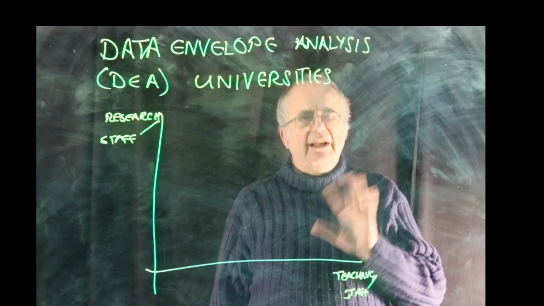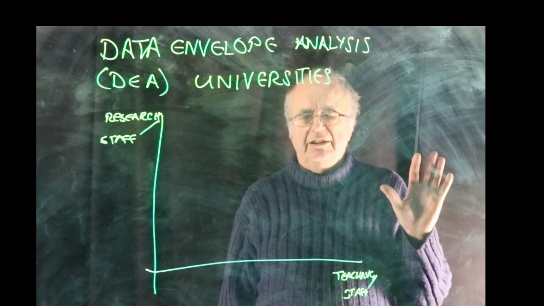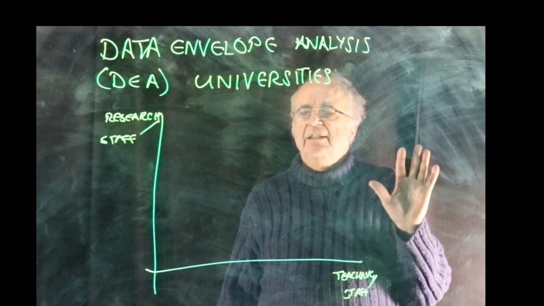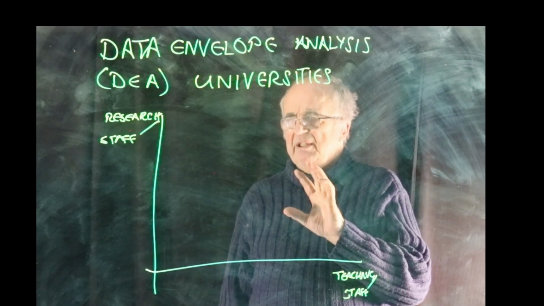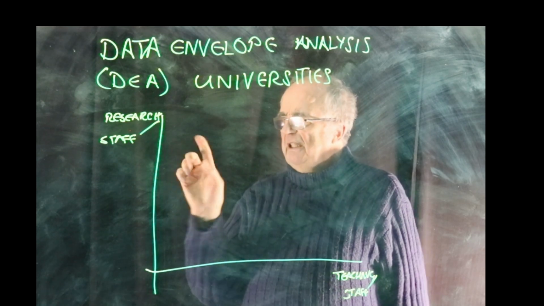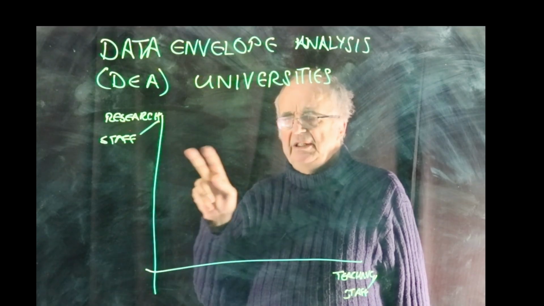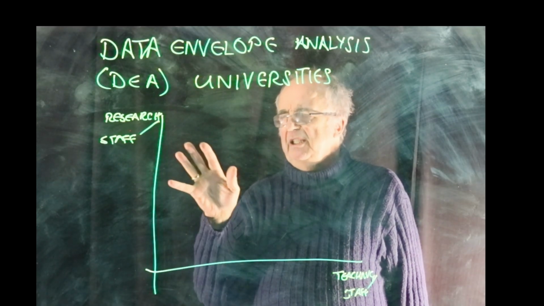All of those data, I wasn't asking questions about the data. I was simply taking the figures that I've got. Now, I treated staff as an input. That means I was treating it differently from the way league tables normally do it.